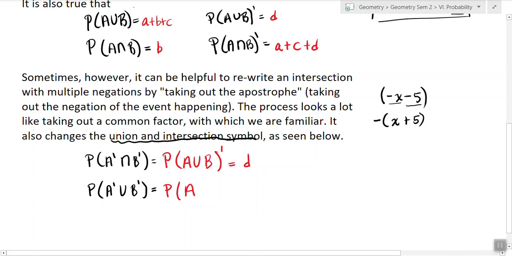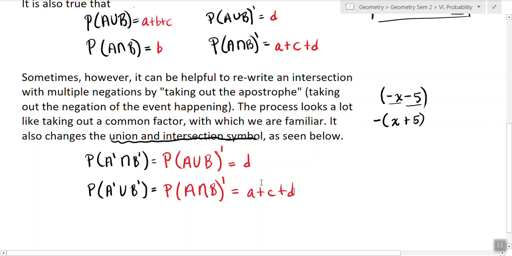The A prime becomes A, the union becomes an intersection, the B prime becomes B. And then we're complementing that, right? So A intersect B is just small letter B, so the complement of that is A plus C plus D. So that would be A plus C plus D.